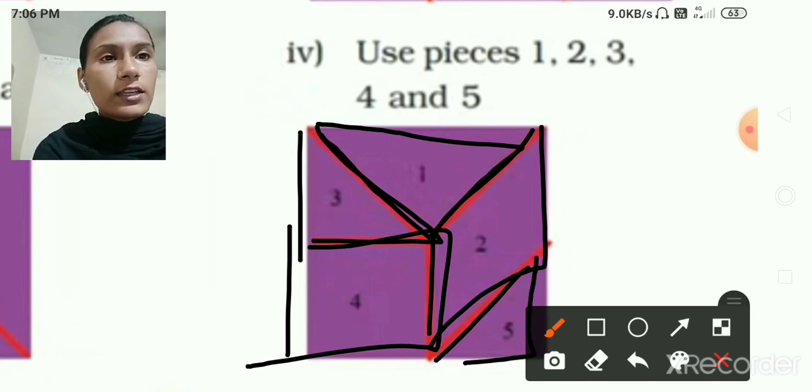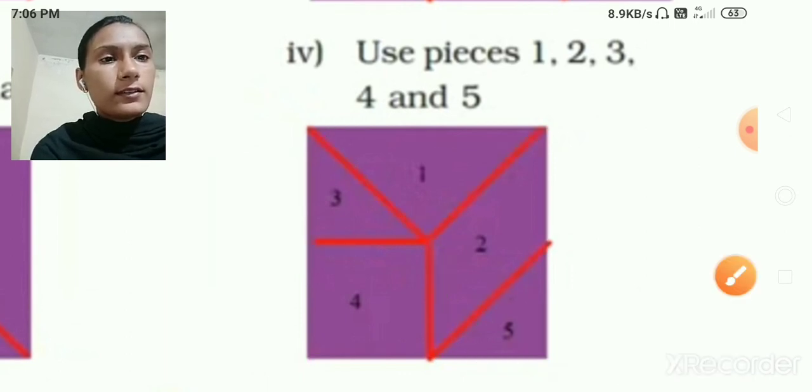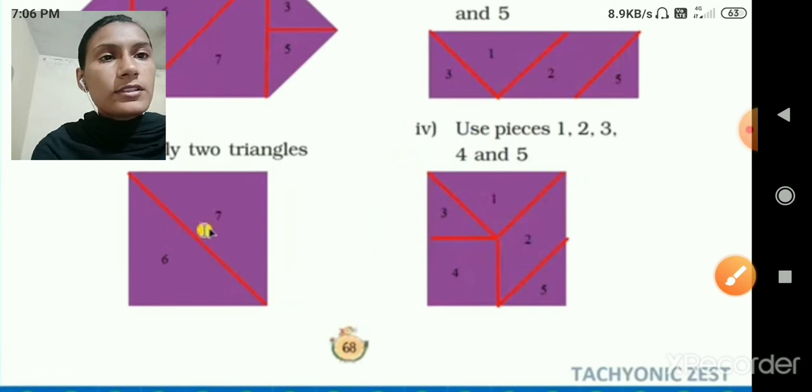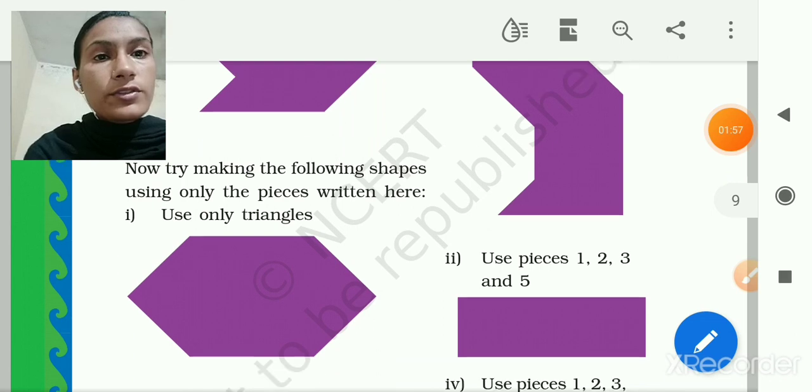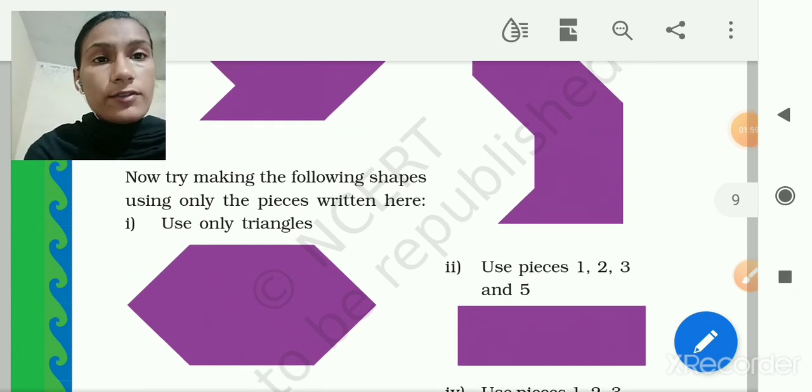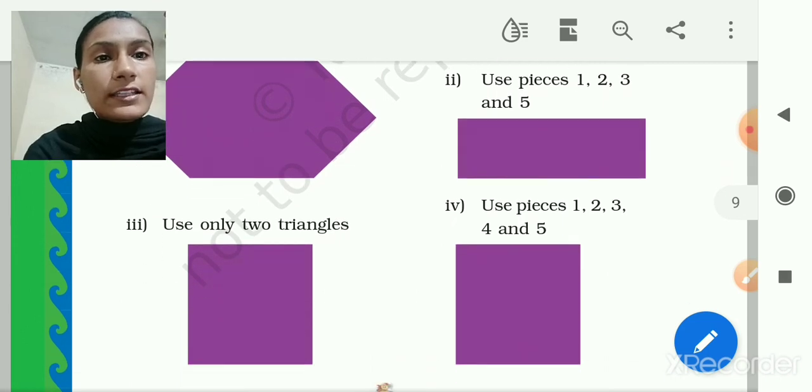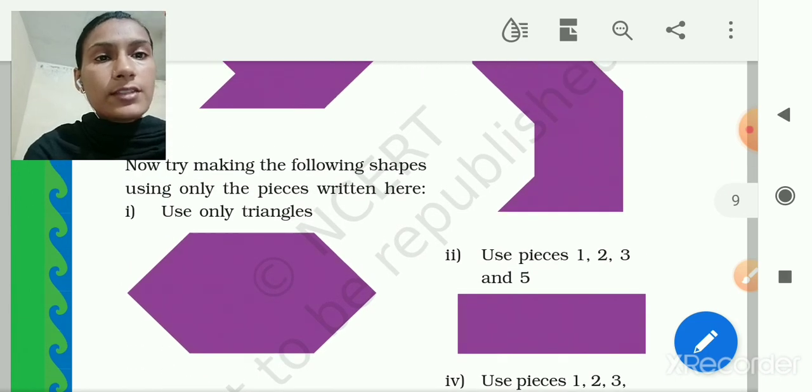So like this we can use the pieces 1, 2, 3, 4 and 5. You have to draw this one in your textbook. Here you have to use these pieces and try to make the following shapes. So in your textbook you can make these shapes.